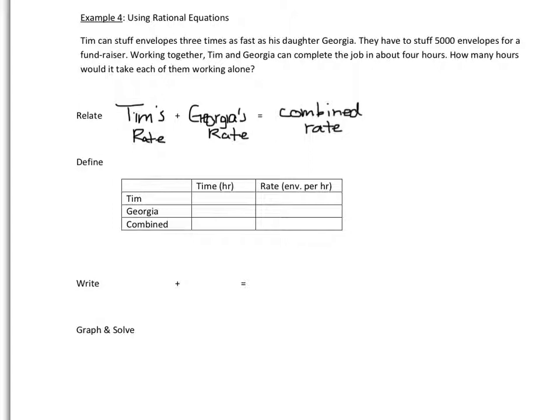So the amount of time Tim is going to take will be X. So how long will Georgia take? 3 times X. Because Tim, however long he takes, let's say he takes 2 hours. If he's 3 times faster than Georgia, then that must mean Georgia would take 6. So 3 times whatever time Tim has. So 3X.